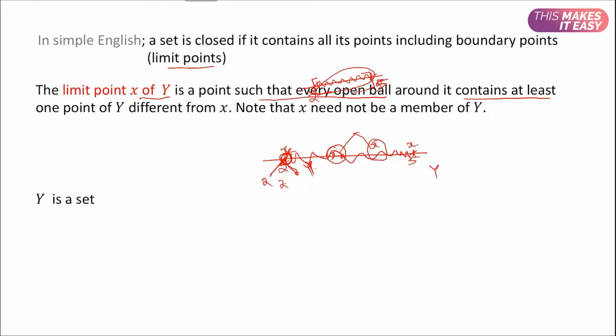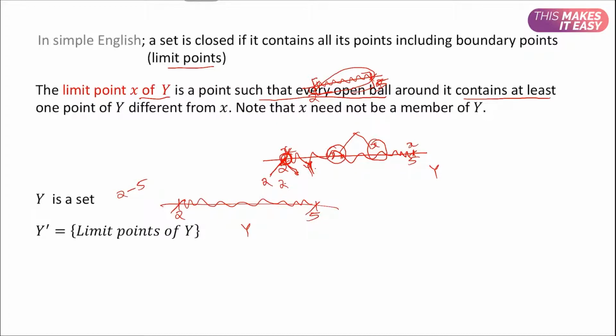For example, I am taking a set, this is the y set, that includes elements between 2 and 5, and y dash is the set of limit points of y. It means all the elements between 2 and 5 including 2 and 5. Y was the elements between 2 and 5. The y dash was the points between 2 and 5 including 2 and 5.